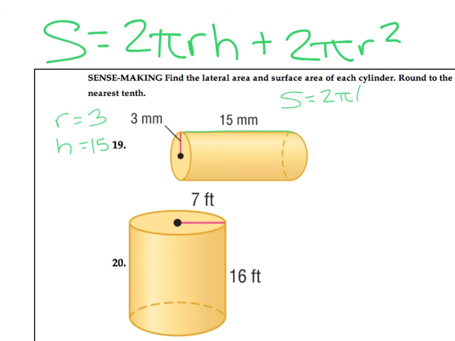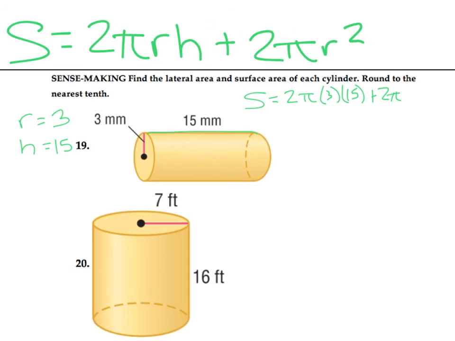So 2 pi times 3 times the height, which is 15, plus 2 pi times 3 squared. I'm going to multiply this through.